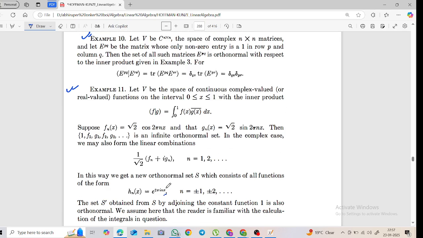Okay. So see, these are very important. These are, I think, called Fourier coefficients. So under the complex inner product of this space of continuous real valued functions, this is a linearly independent, infinite orthonormal set.